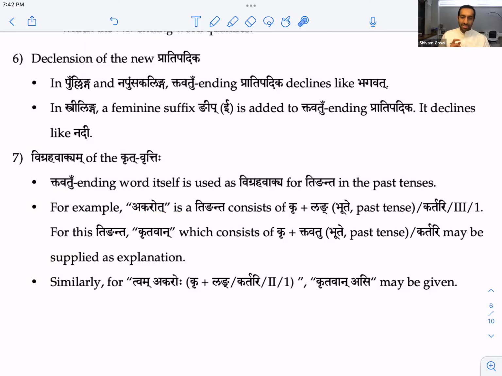So when I was saying that the meanings are very similar, the only difference is that if you're in Pratama Purusha, you don't get the sense of Madhyama or Uttama Purusha. So if you do want to make that addition, then you would add asti, asi, or asmi.